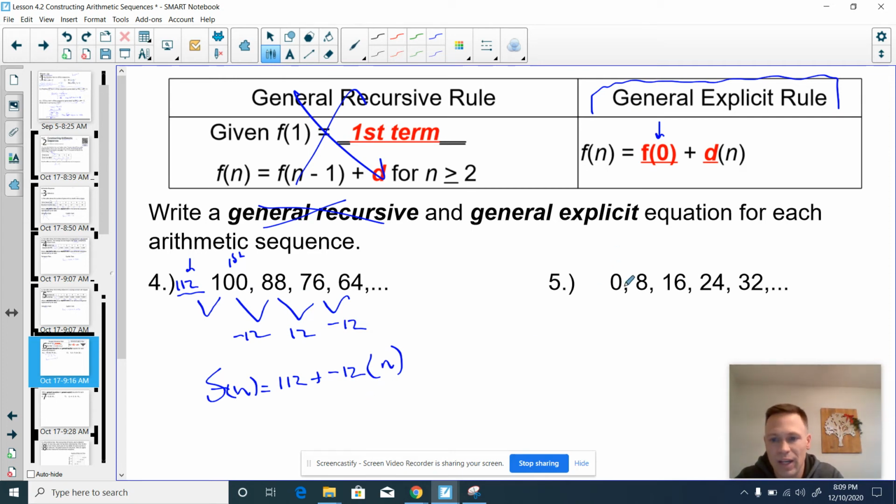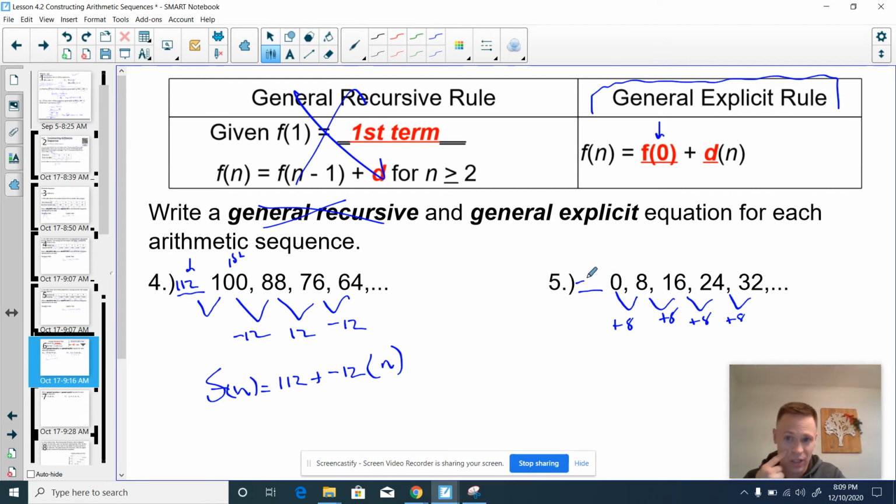All right, so the next one, same thing. This is my first term. I want to define everything as the 0th term. So I have to go back and figure out what this is. The first thing I've got to do is figure out my common difference, right? So I'm going to add 8, plus 8, plus 8. So everything is adding 8. It checks out. So then I've got to subtract 8.